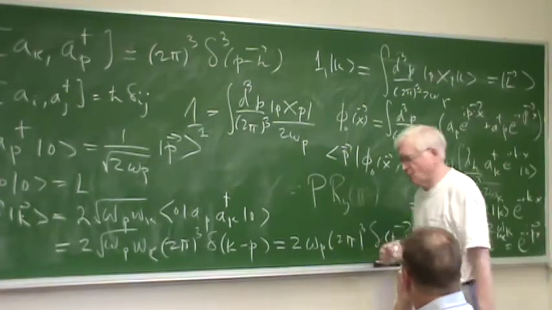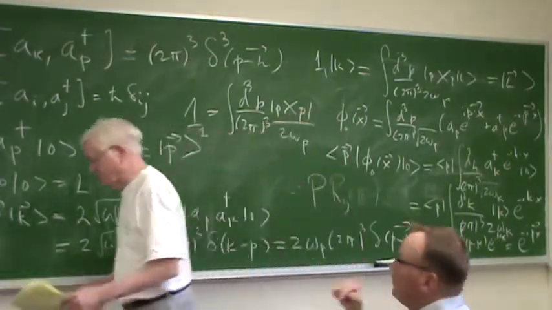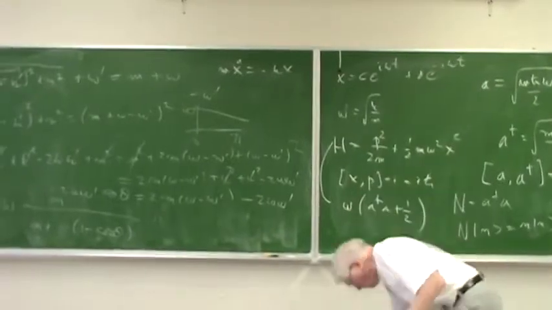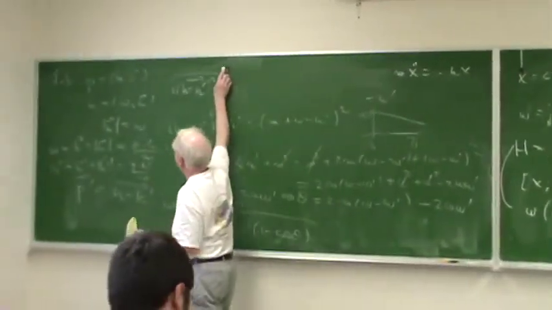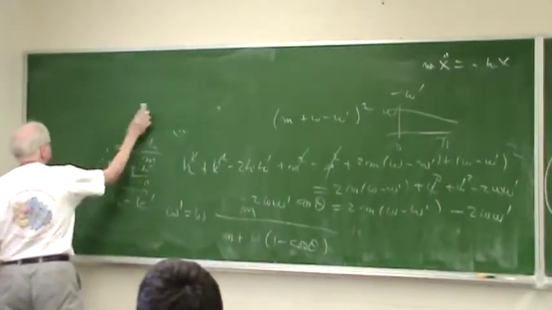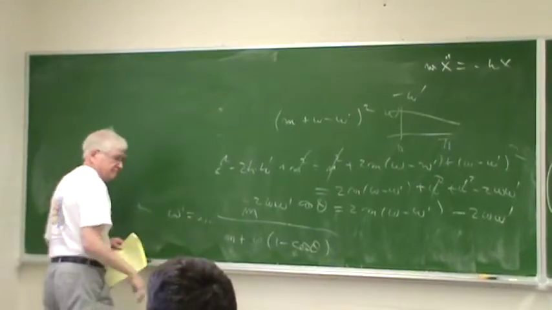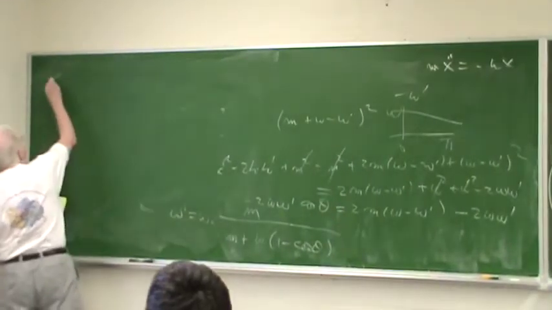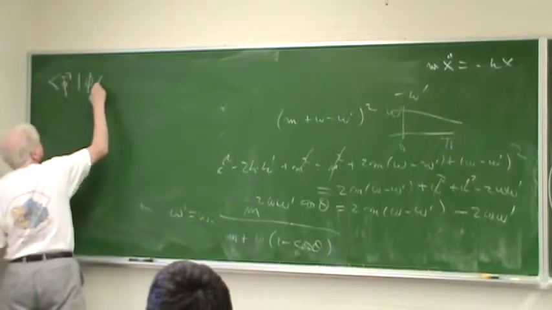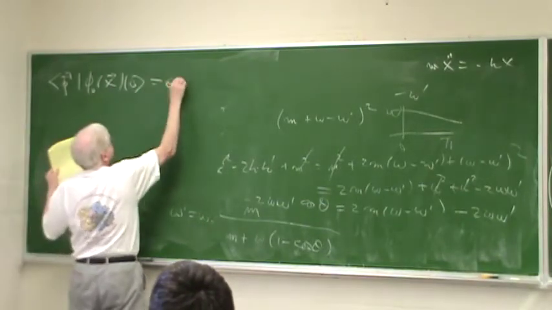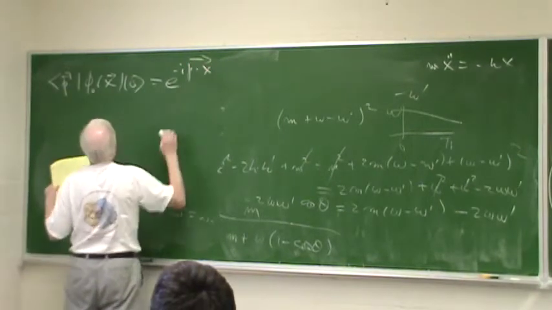Okay, so let me summarize. What that has told us then is that <p| phi 0 of x |0>, so we're basically all at the same time, is e to the minus i p dot x.